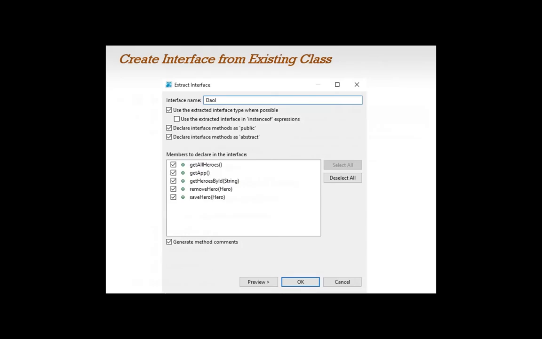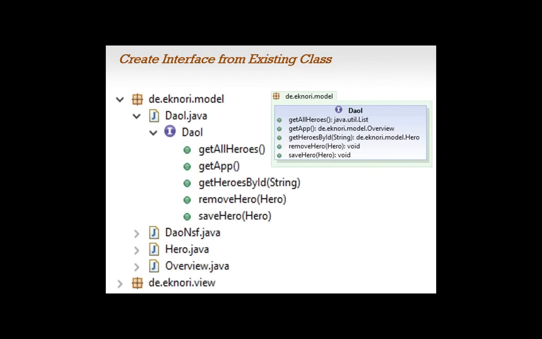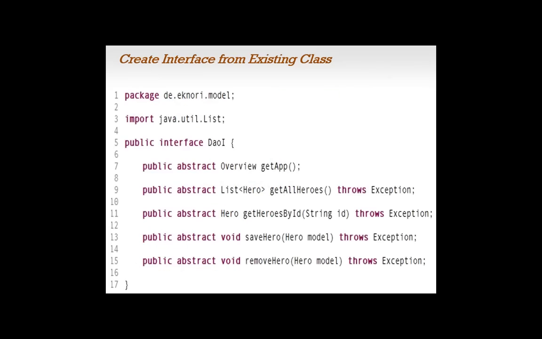Then click OK, and this is the resulting interface you now have, and as you can see, it has all the pre-selected methods. As I said, it's just a description of the methods, no functional code in it.